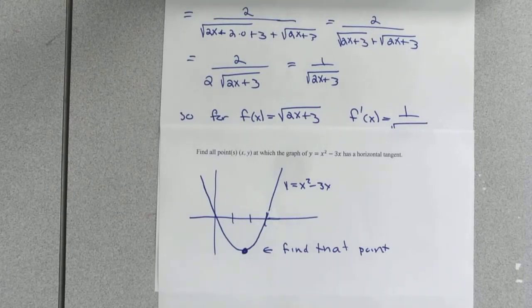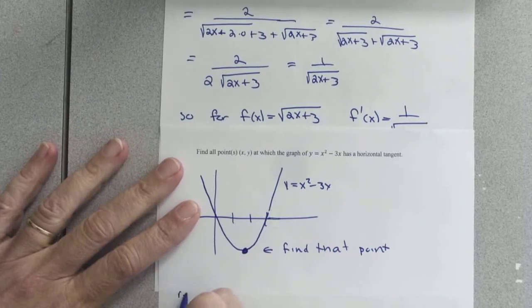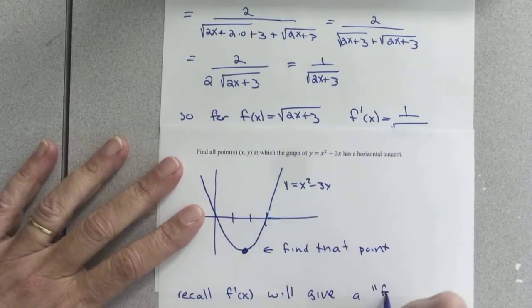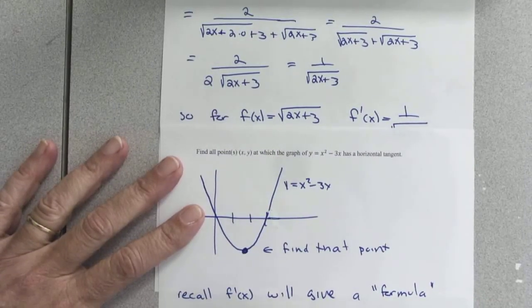Now, given that we've been talking about derivatives, it's going to have to use derivatives, certainly. When we think about derivatives and graphs, we recall that f prime of x will give a formula for the slope at a point.